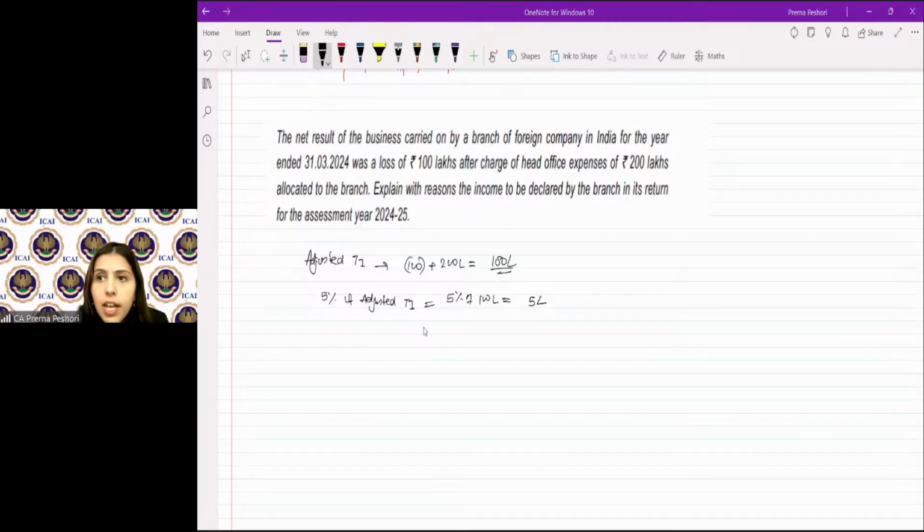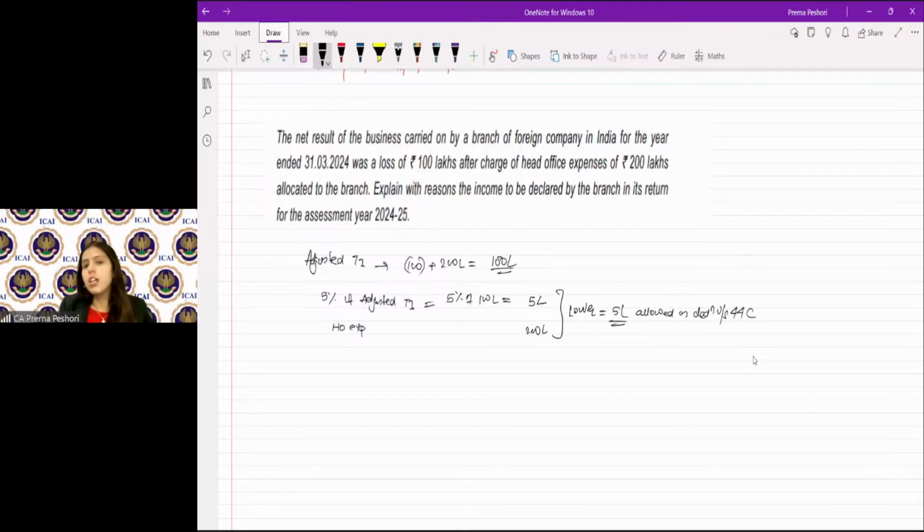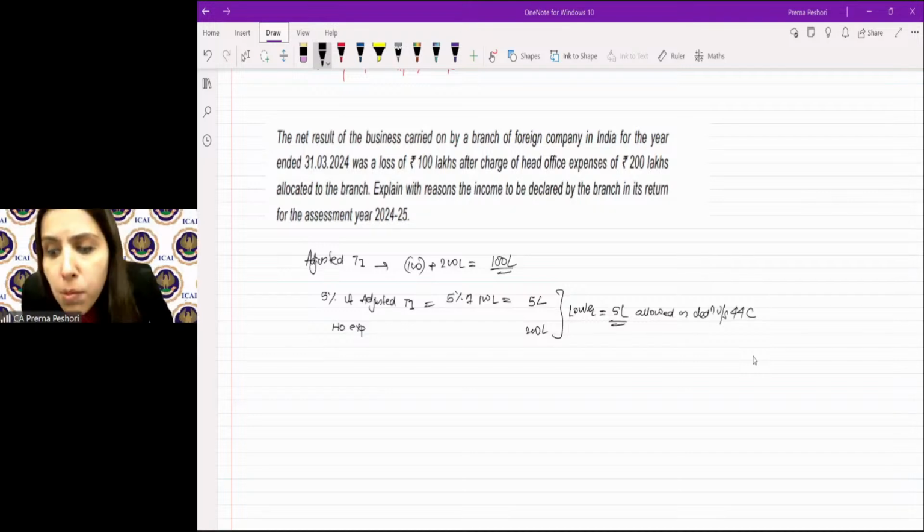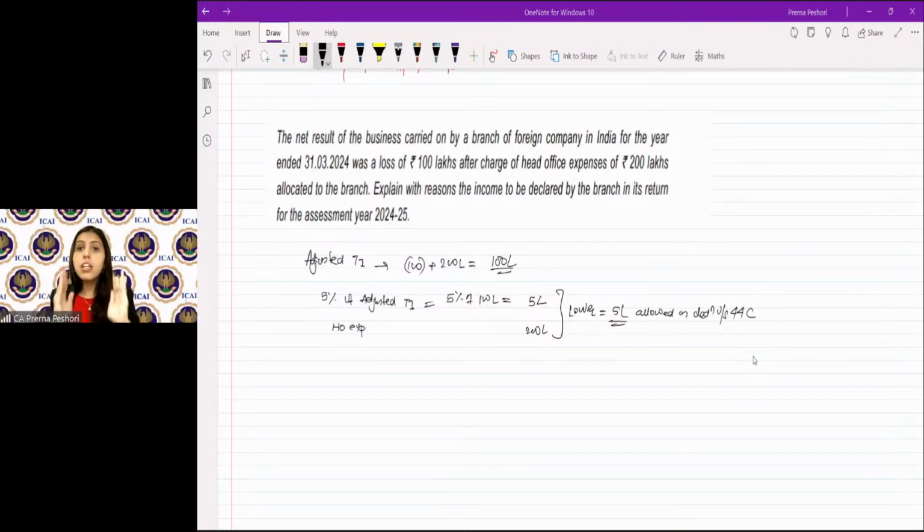And then the lower of the 5% of the adjusted total income and the actual expenditure incurred as the head office expense. Lower of these two. So 5 lakh allowed as deduction under section 44C. Clear, students? So with this, your PGBP gets completed for the non-resident.